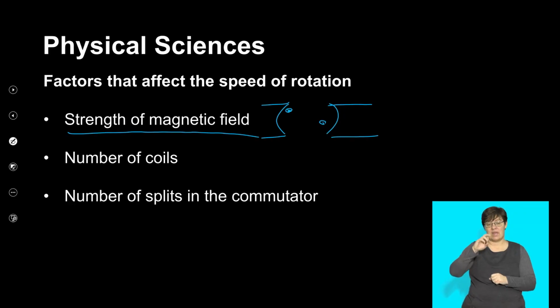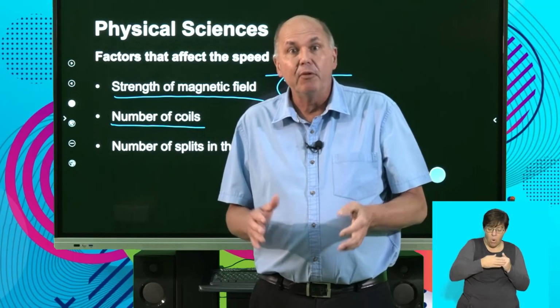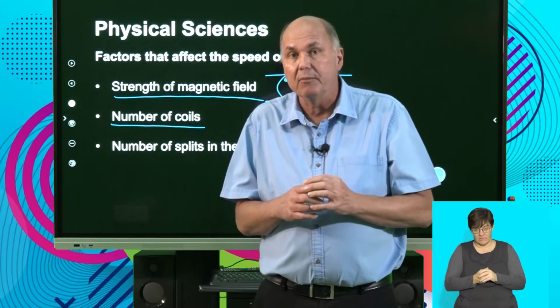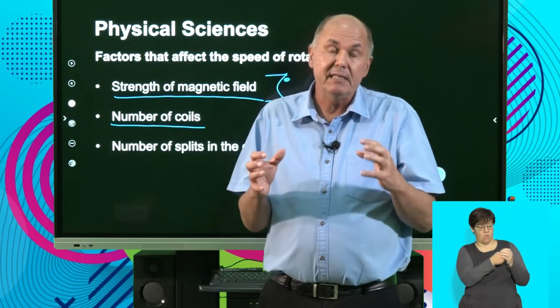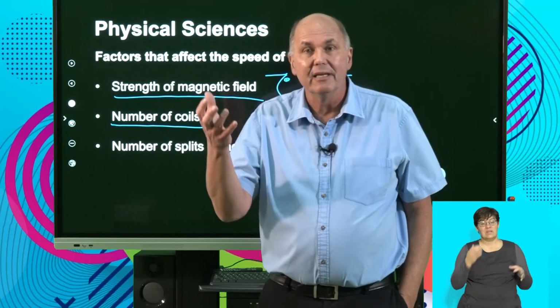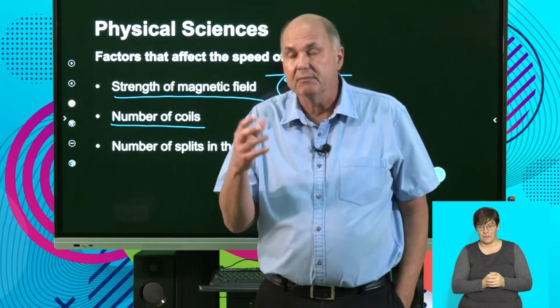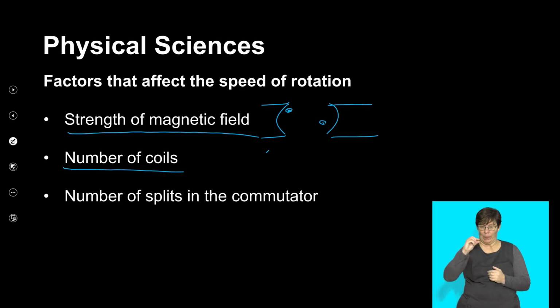Now, another way of doing it is to increase the number of coils. We've just done one armature, and we've done one split in the commutator. But if you were to open up a little DC motor that could be used in a toy or even a simple appliance, you will notice that there are lots of little gaps, okay?